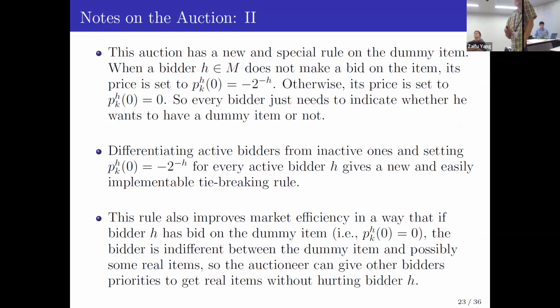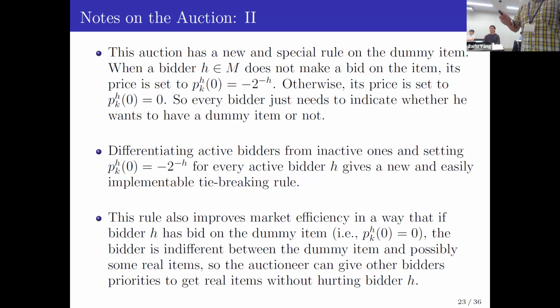Here, the auction has a very specific rule, in particular on the dummy item. The auctioneer does not allow the bidder to set a price on the dummy item. You just need to indicate whether you want to have this dummy item or not.